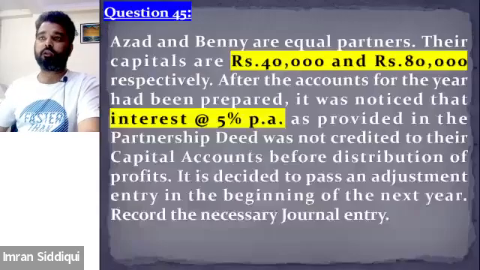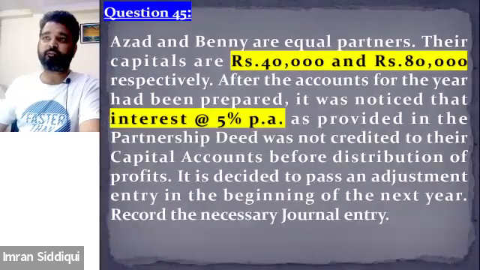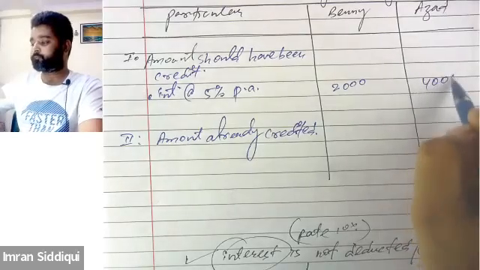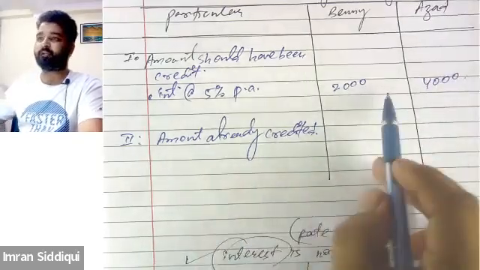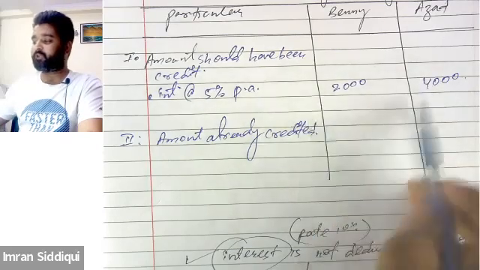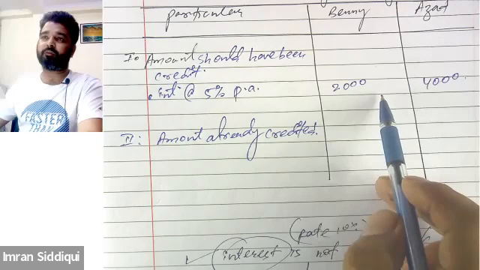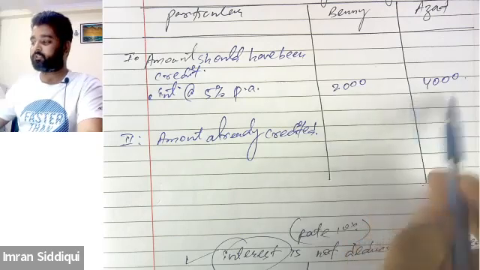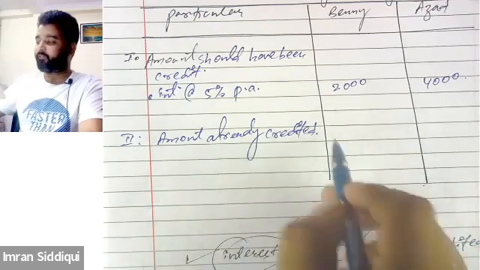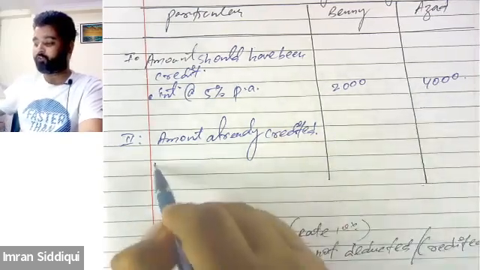Okay. And then 5% of 80,000 is 4,000. Okay. So these amounts should have been credited among the partners. But instead of being credited among the partners by way of interest, these are divided among the partners by way of profit. So we have credited these values by way of profit.